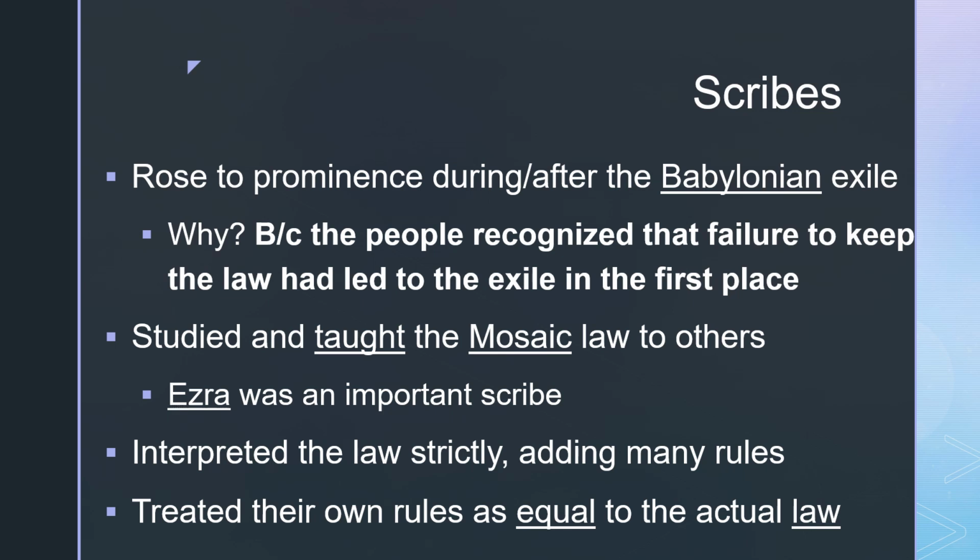So Jesus had a lot to say about this. He would often call out the Bible teachers of his day, saying, you're taking these human traditions that you've added, and you're treating them as just as important or even more important than what God actually says. And Jesus is not thrilled with this. So that's a danger that exists even today for Christians, right?